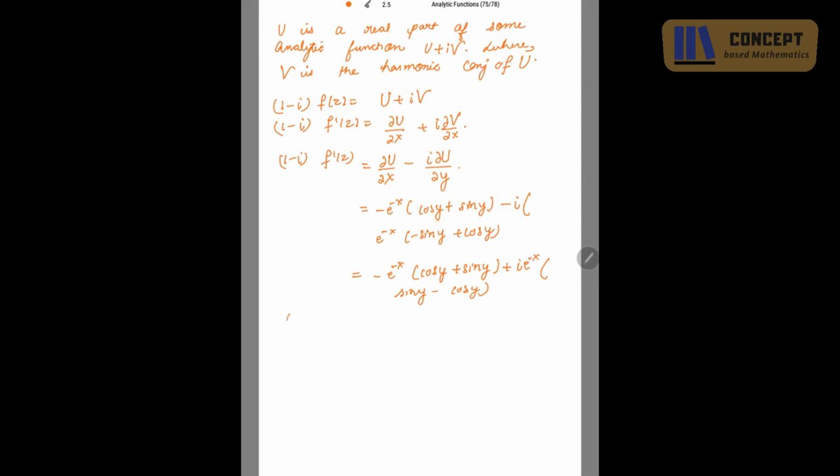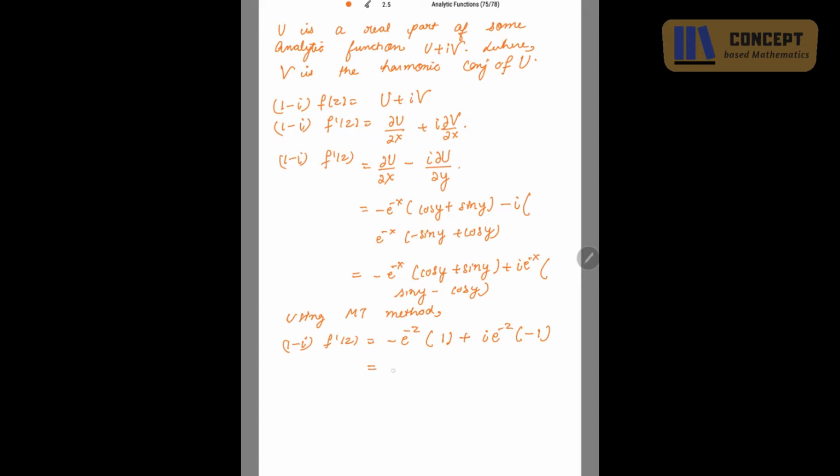Now using the Milne Thompson method, (1 minus iota) f dash z is equal to minus e to the power minus z, cos 0 is 1, plus iota e to the power minus z, sin y is 0, this is minus 1.